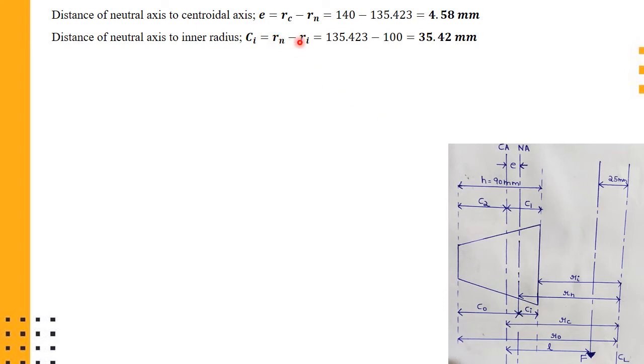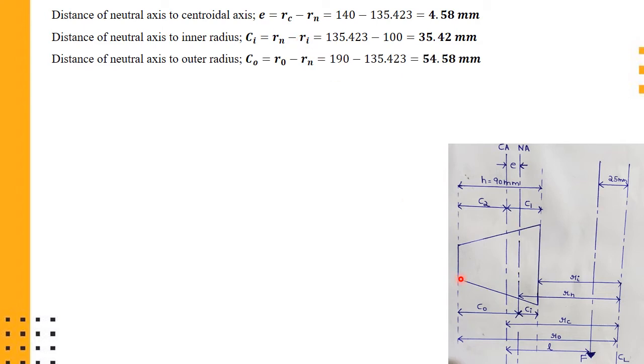So Ci will be equal to Rn minus Ri. And C0 you can calculate: C0 is the outer radius R0 minus the radius of the neutral axis Rn, which will give you the distance to the outer surface, C0.